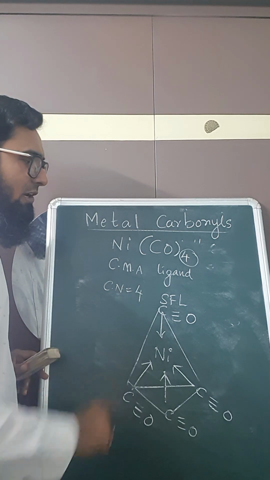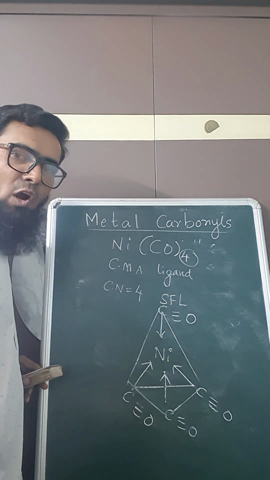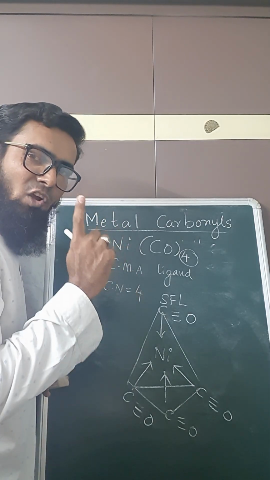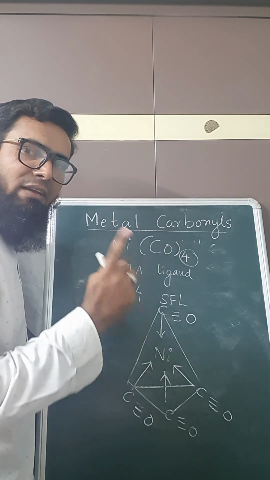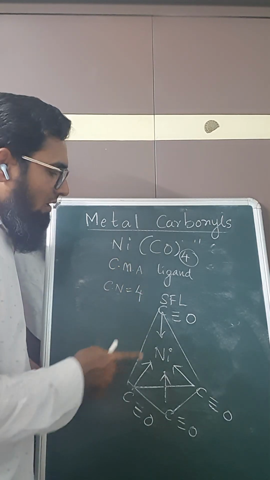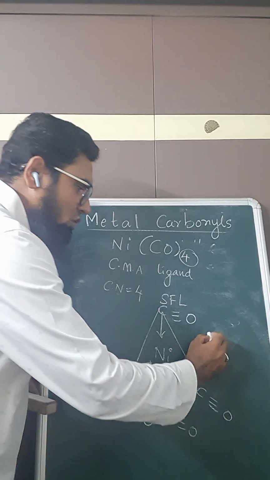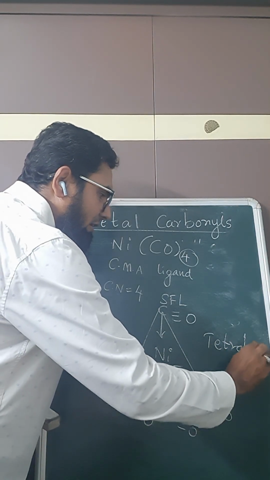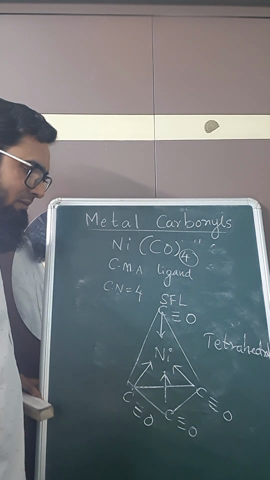So what is the geometry of nickel tetracarbonyl? If the coordination number of any complex is 4, there are 2 possibilities: the complex can be square planar or tetrahedral. Now in this case, the coordination number of nickel is 4 and the geometry is tetrahedral. It's a tetrahedral complex.